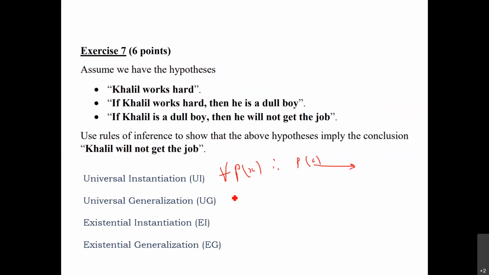Or vice versa, if you have P of c and c is anything, you can conclude that for every x, P of x. Existential is the same thing, but you're saying there exists x, and when you say c, it's for a specific instance. This c could be anything, arbitrary. This c is specific, it's an instance. Okay.